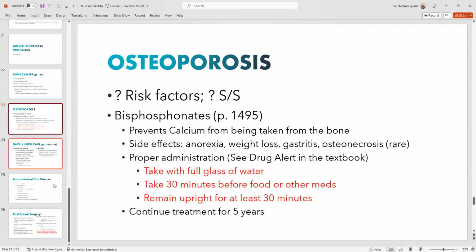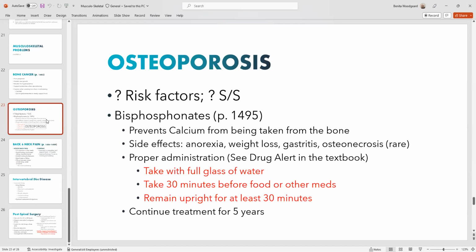Some key points about osteoporosis. Who's at risk for osteoporosis? Signs and symptoms, I'm going to let you look all of that up. But menopausal women are very high risk for osteoporosis. Also, low calcium diets. Smoking has been highly correlated with osteoporosis.